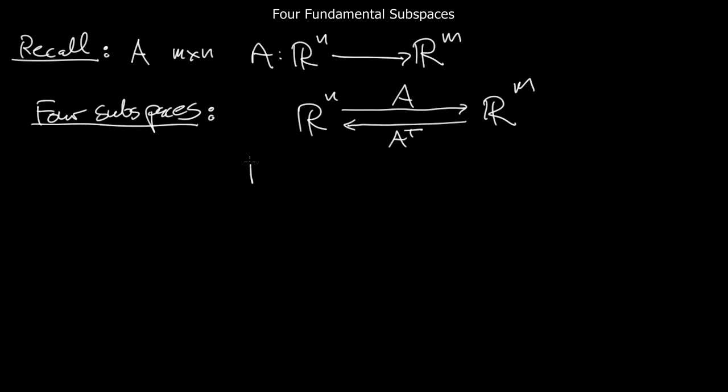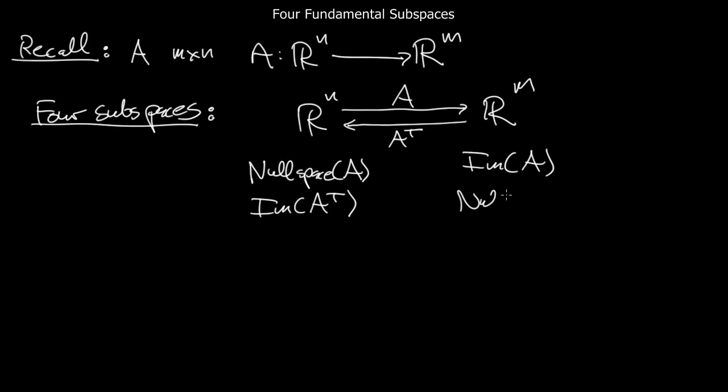And so you have four kernels and images, or two of each, I should say. So you have the null space of A, and you have the image of A transpose sitting over here. And then over here you have the image of A and the null space of A transpose.